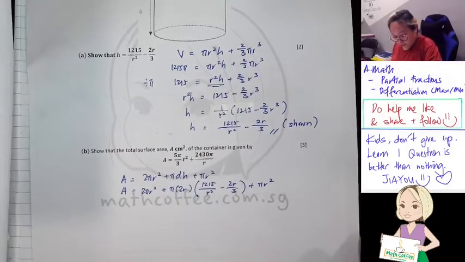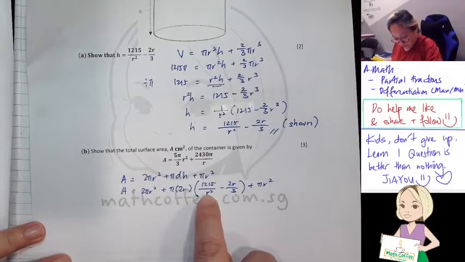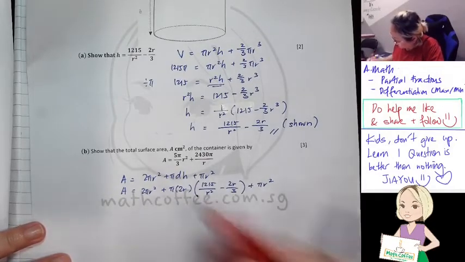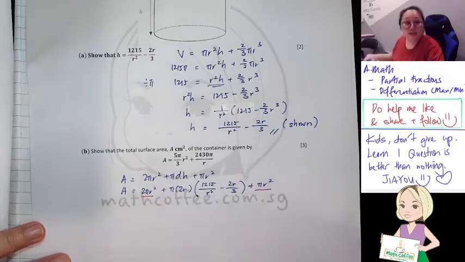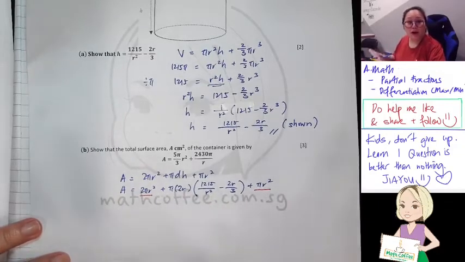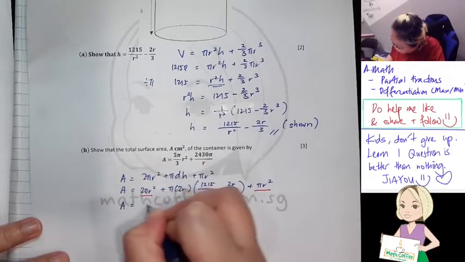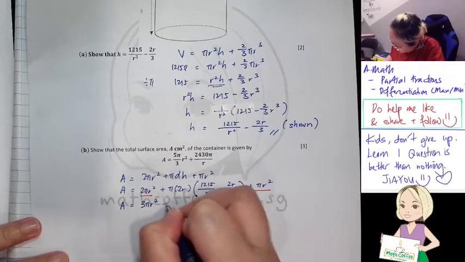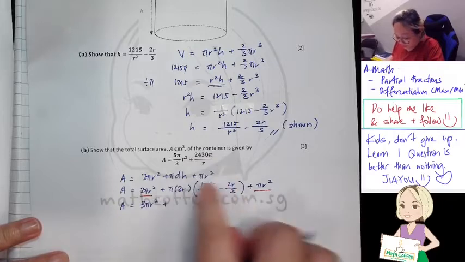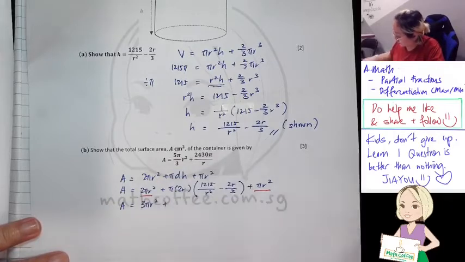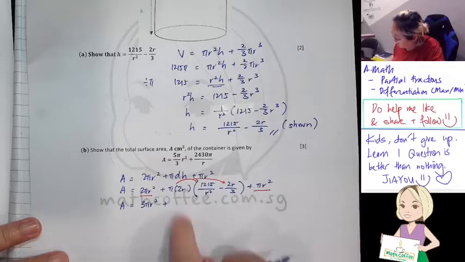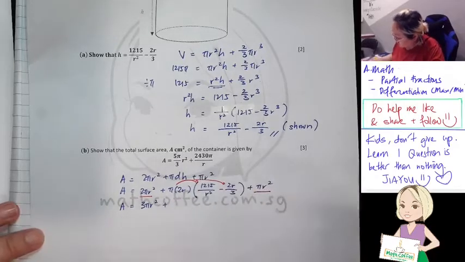So what I'm going to do is, let's see. This and this are like terms, so I'm going to write this as 3 pi r squared first. So A is equal to 3 pi r squared. Now I need to get this one. This one I can actually expand, first this bracket and then this one.